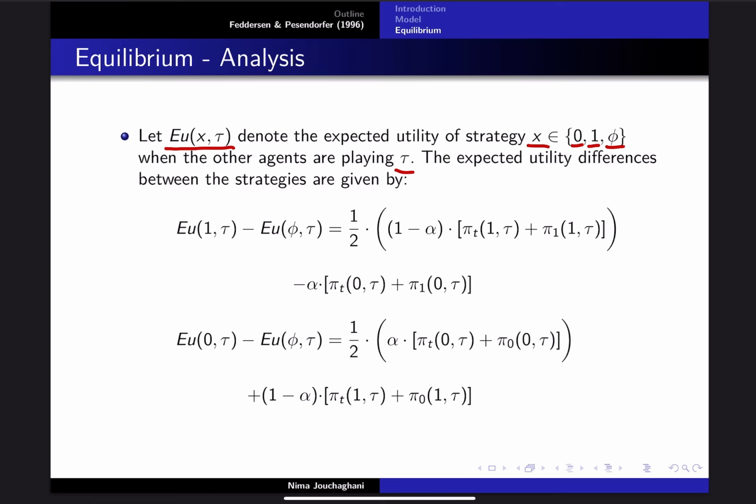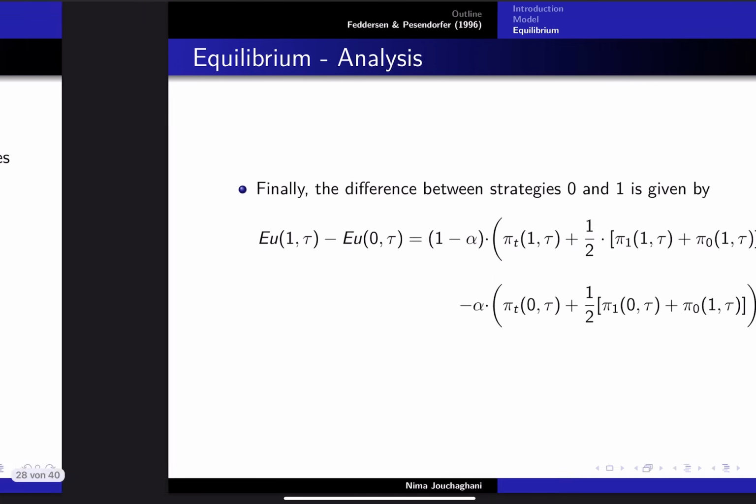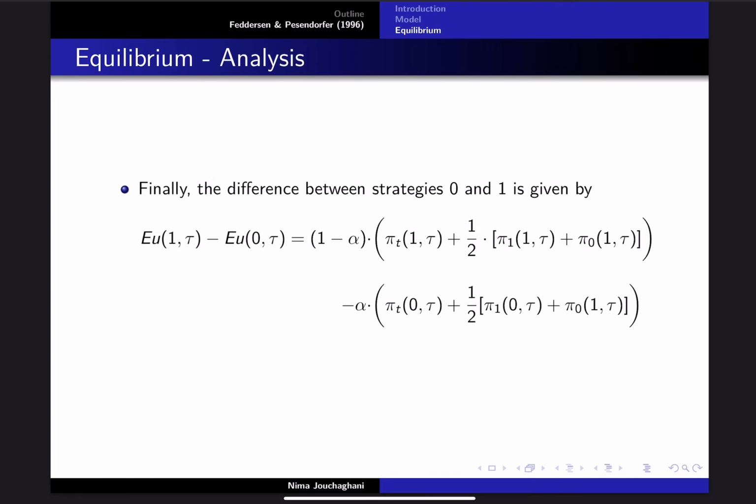We'll now write down the differences between the expected utilities for the different strategies, because this will be used to determine the equilibria. First, we have the expected utility of voting for candidate 1 minus the expected utility of staying absent. Second, we have the expected utility for voting for candidate 0 and the expected utility of staying absent again. Finally, we have the difference between the expected utilities of strategies 0 and 1, and it's given by this expression here.